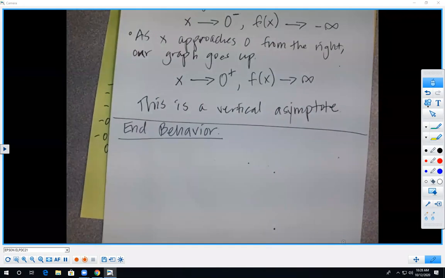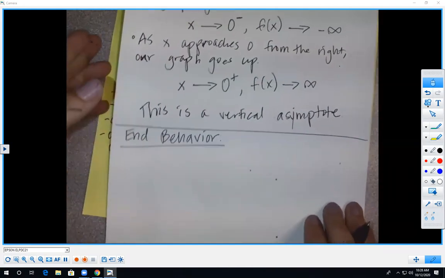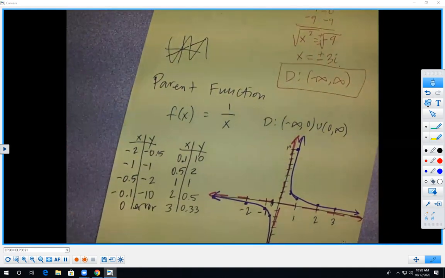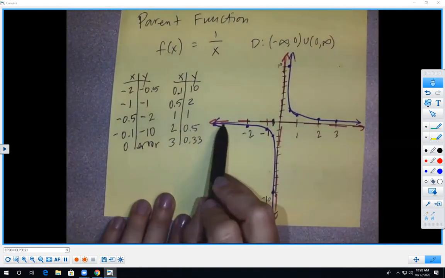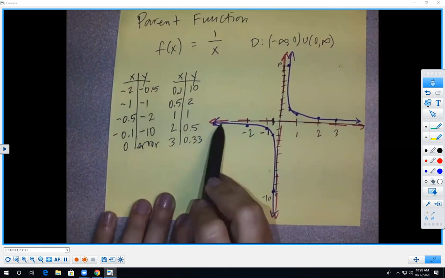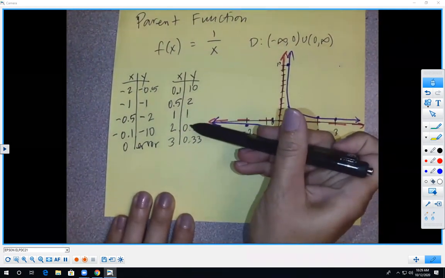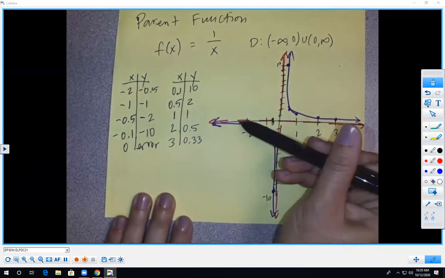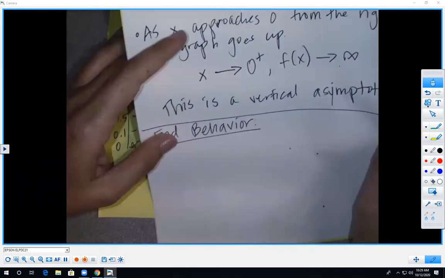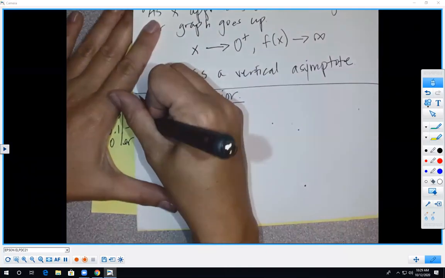So in behavior, on the ends of the graph, what is it doing? We're going to describe this purple line right here on this side, as x goes to the left. We're going to do it with words and the mathematical notation.